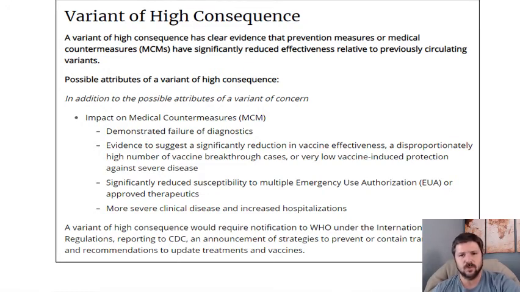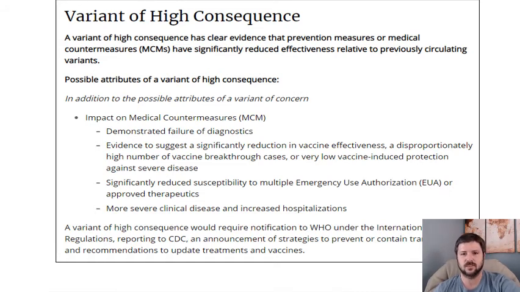In addition to the possible attributes of a variant of concern, impact of countermeasures, demonstrated failure of diagnosis, maybe you can't detect it, maybe the vaccine doesn't work as well, right? Maybe this did something where now there's a significant reduction of vaccine effectiveness. Vaccine breakthrough cases or very low induced protection against severe disease, right? Susceptibility, severe clinical diseases, increased hospitalizations, right?